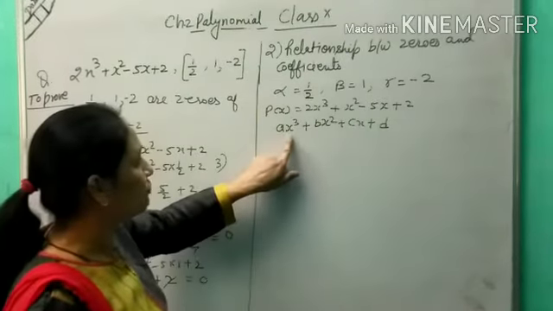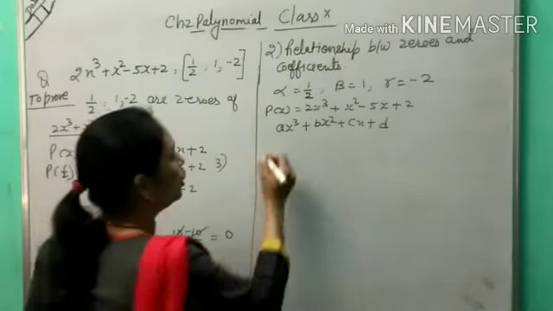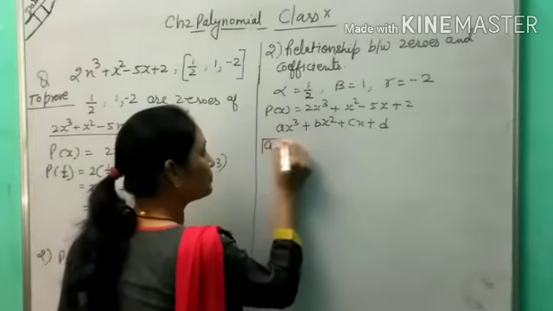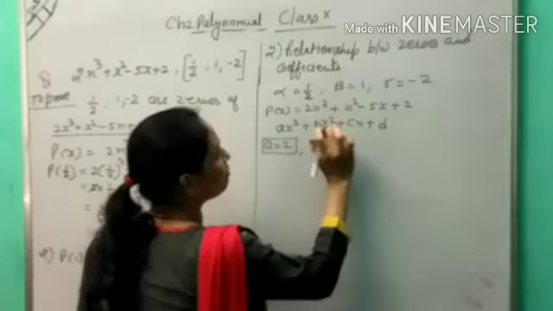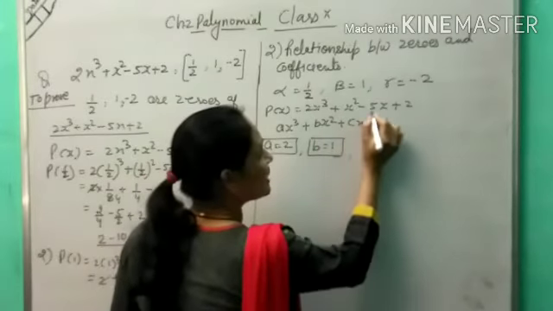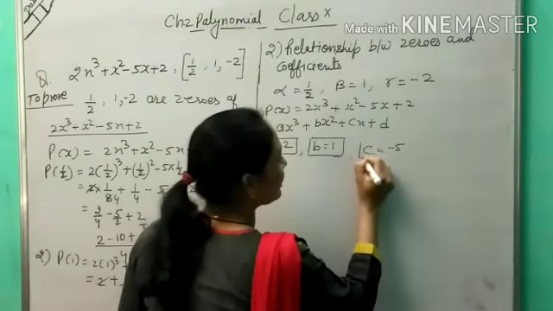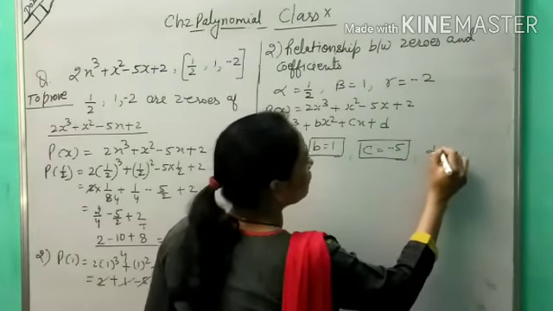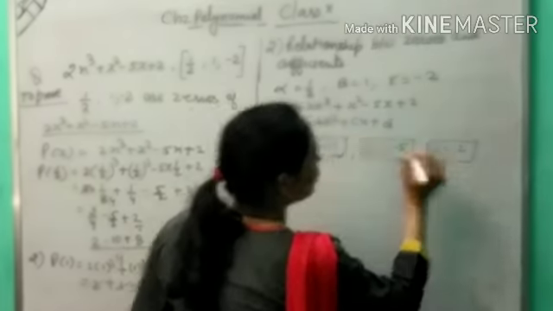So the value of a is equal to 2, the value of b is equal to 1, the value of c is equal to minus 5, and the value of d is equal to 2.